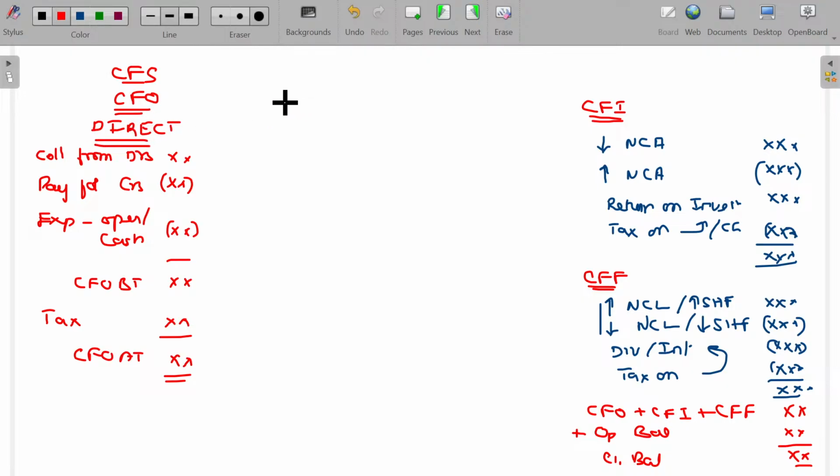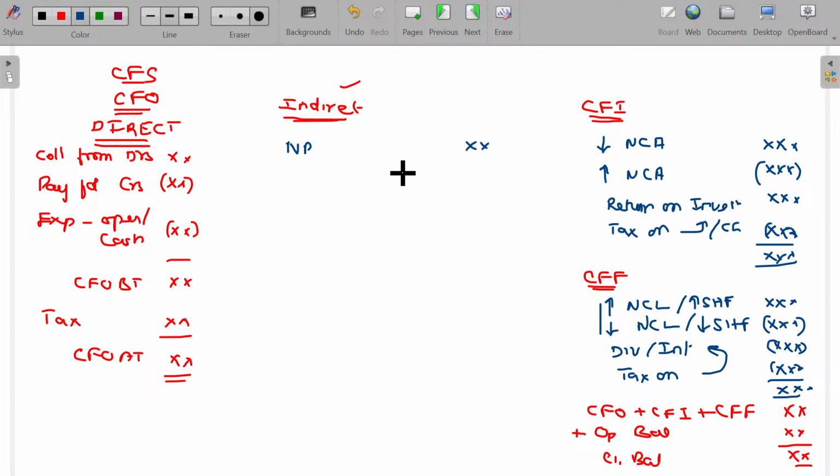Now we have to go for the indirect method. This is the recommended method. Under the indirect method, we are going to get the same cash from operation after tax from the net profit by doing the reverse calculations. Okay, net profit, what you get in the current year?